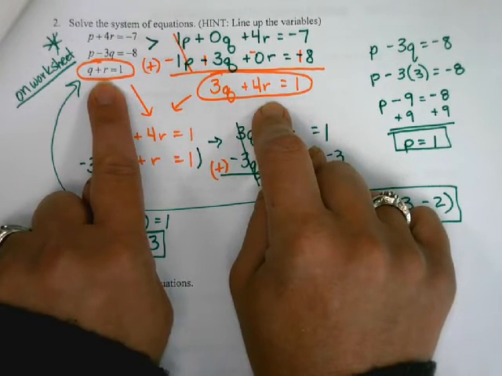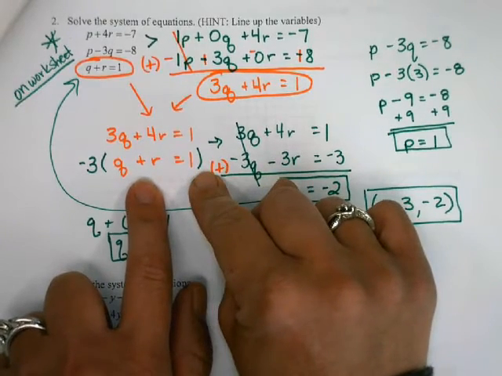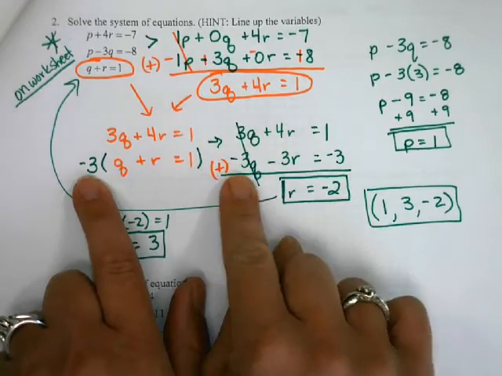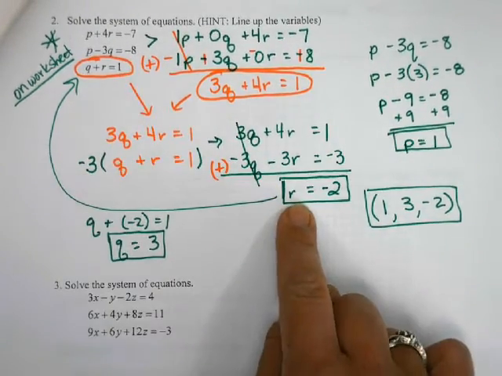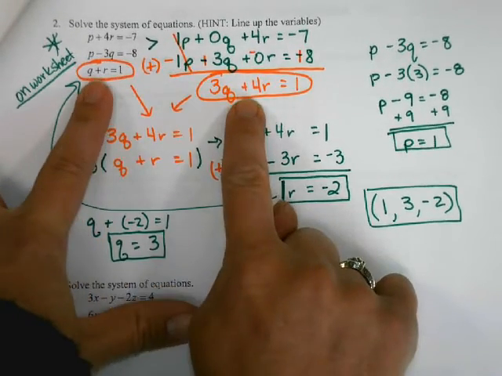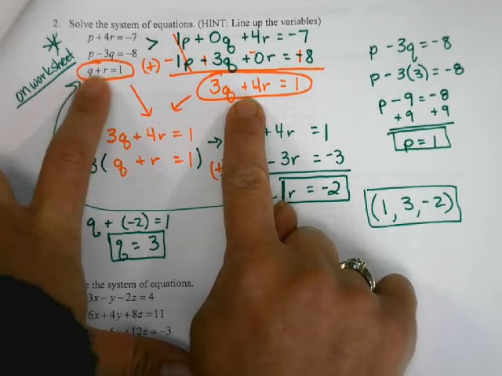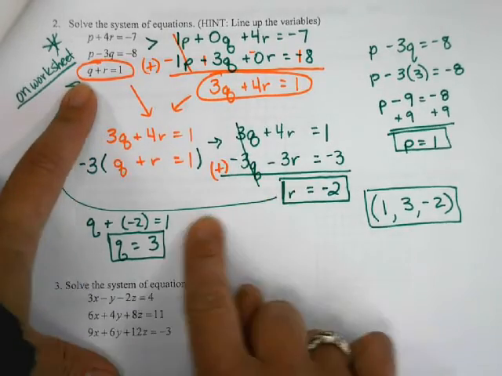Yeah. So then I worked with those two and I decided to get rid of the Q's. So I multiplied the bottom equation by a negative 3 so that the Q's would eliminate. So I got R equals negative 2. And then I went back to one of the ones that I circled. This guy had smaller coefficients, so I decided to use him.